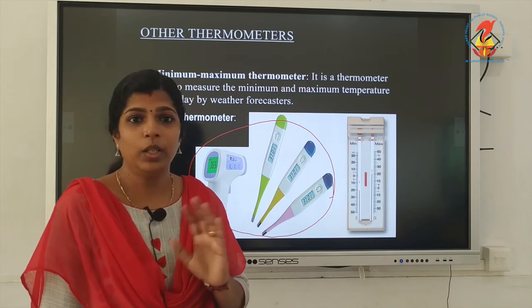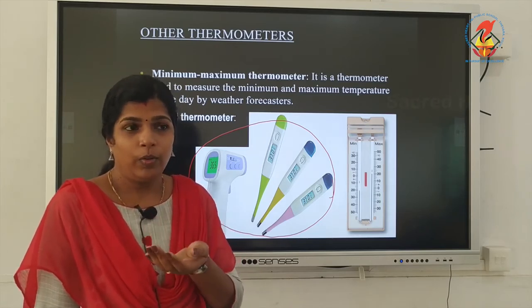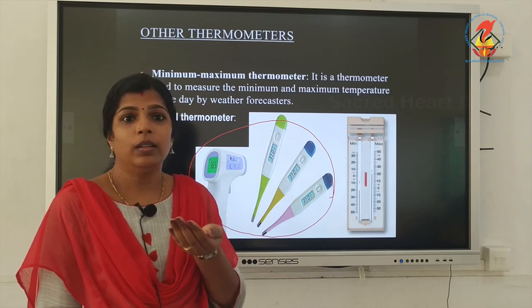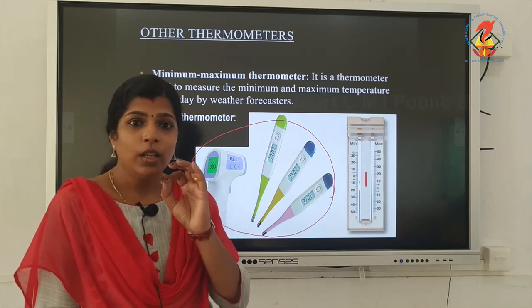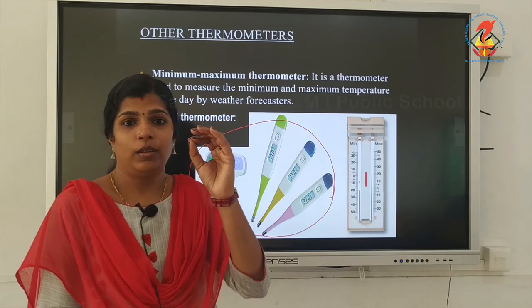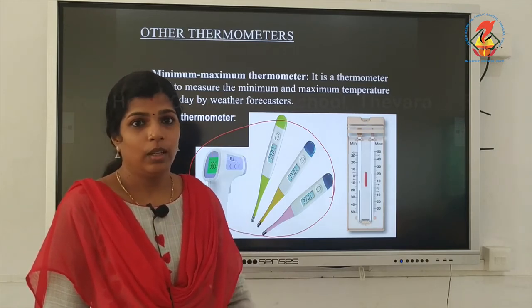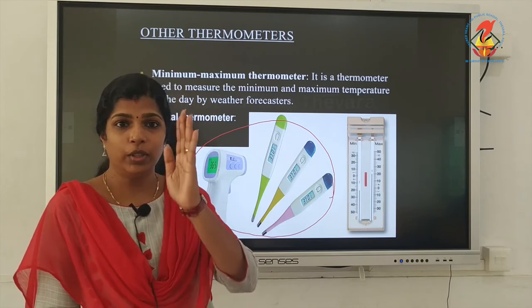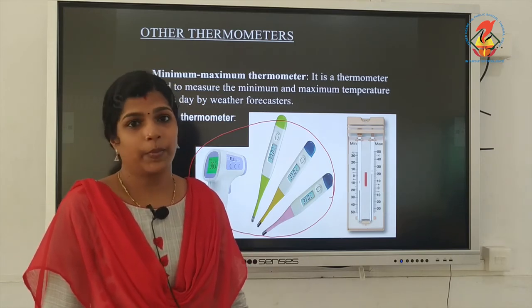So, when you insert the bulb to check the temperature of a substance, you can measure the temperature by reading the mercury level. The height of the mercury level will give the temperature of that substance.